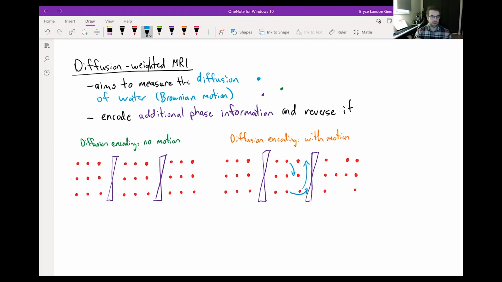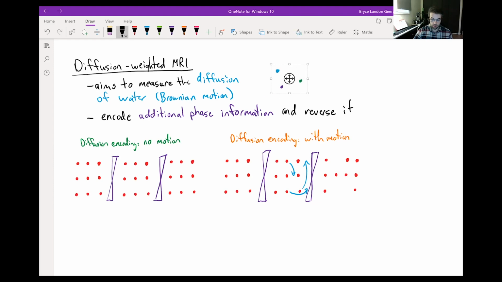There's no net displacement or net movement of the tissue, the water body that we're talking about. And at any given point, a molecule of water, such as the blue, green, and purple water molecules that I've got here, has an equal likelihood of moving in any direction.